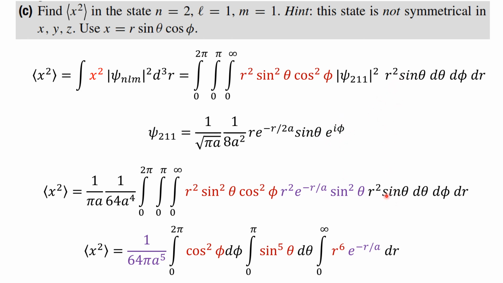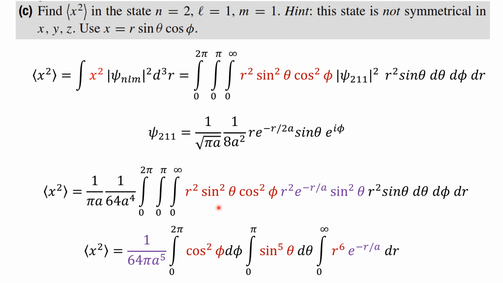Then you take the rest of the terms, r squared sine squared theta dθ dφ dr. Now you separate the variables. First you take the phi term. So there is only cos squared phi dφ. So we are integrating it over 0 to 2 pi, cos squared phi dφ.